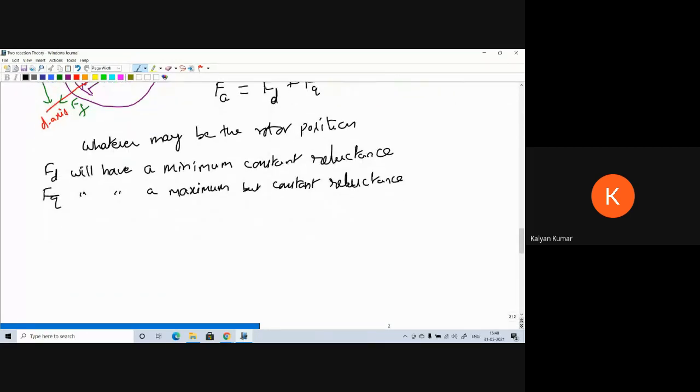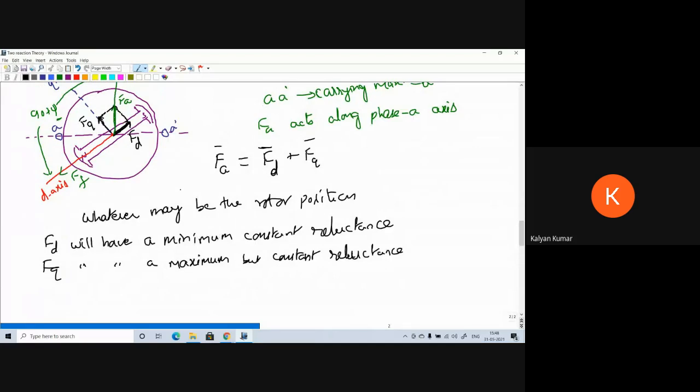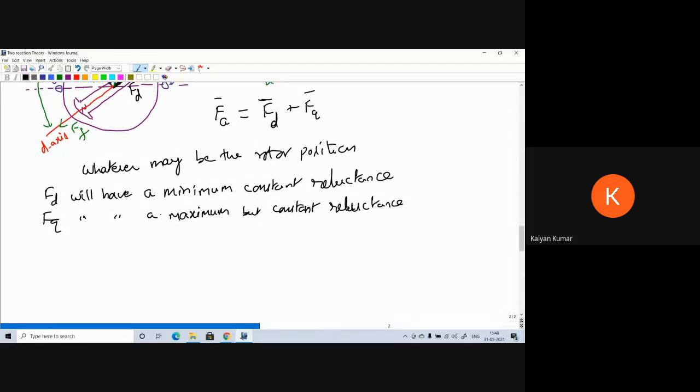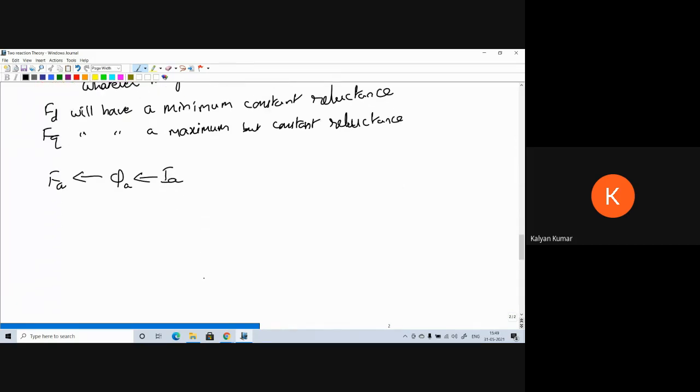So what is the responsible component for the production of FA? The FA, the armature reaction MMF, is produced due to the armature flux. So phi A is due to the armature current. So IA is the responsible component for the production of FA.